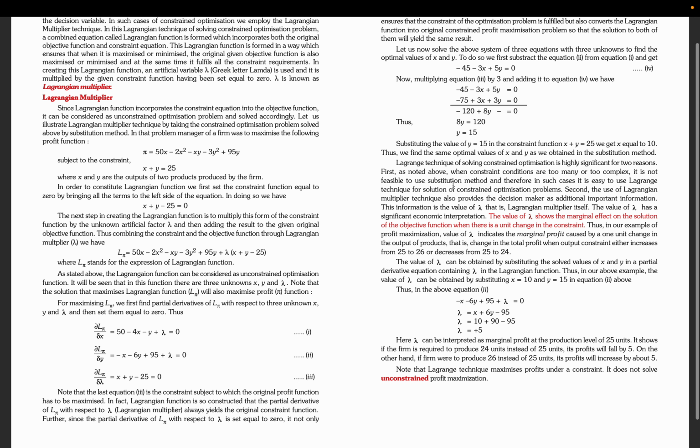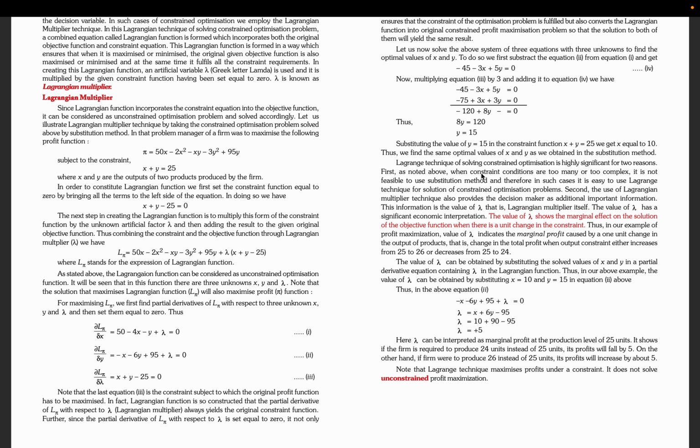So if you come to this, then multiplying 3 in the third equation, you can find and come to y equals 15. Substituting the value of y equals 15 in the constraint function x plus y is equal to 25, we get x. Okay, that's what we wanted to find, x and y. Thus, we find the same optimal values of x and y as we obtained in the substitution method.